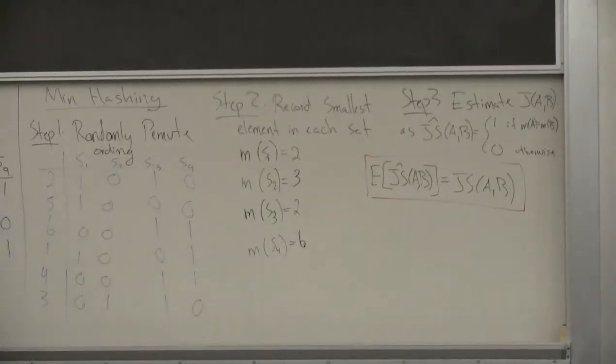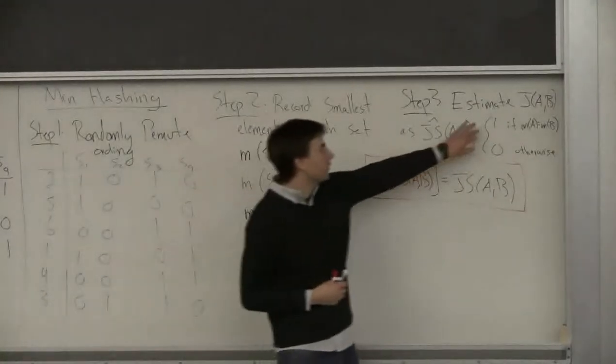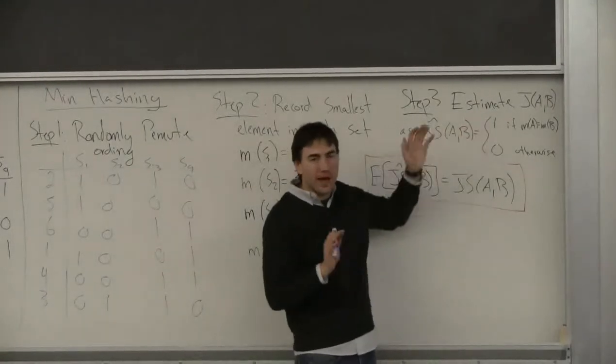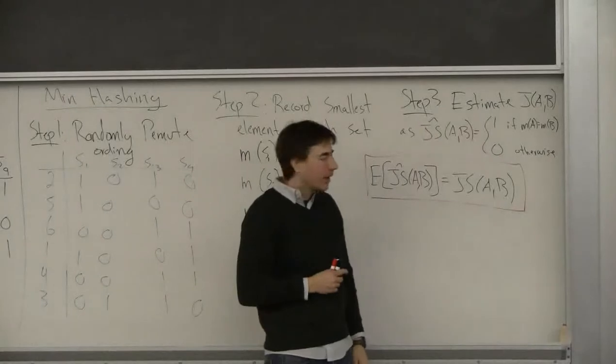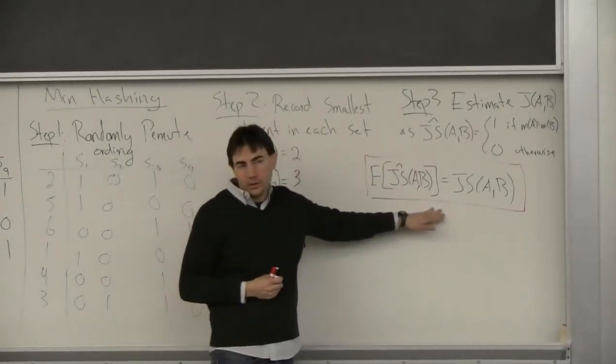But in that first week of class where I was going through these randomized techniques, this actually fits the mold of something. We have some estimate we can get, which is in some bounded range, between 0 and 1. In fact, it's only 0 or 1, and has the right expected value.